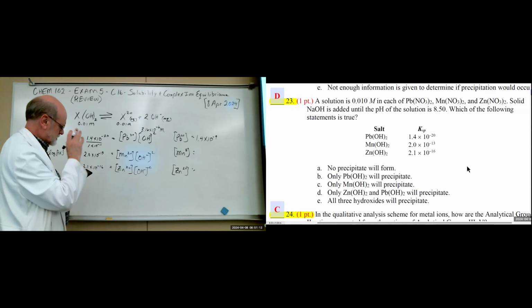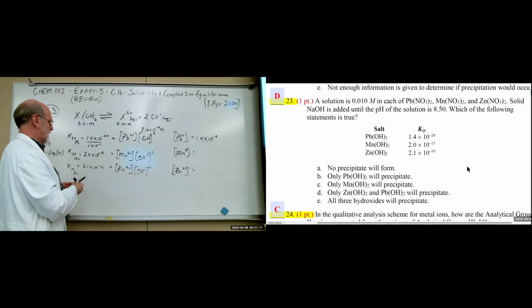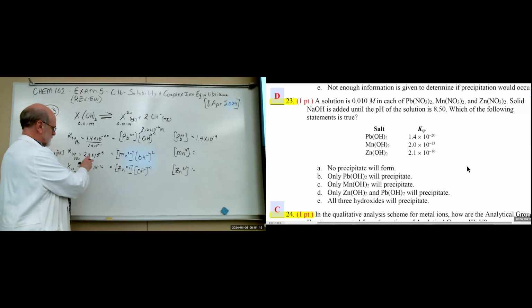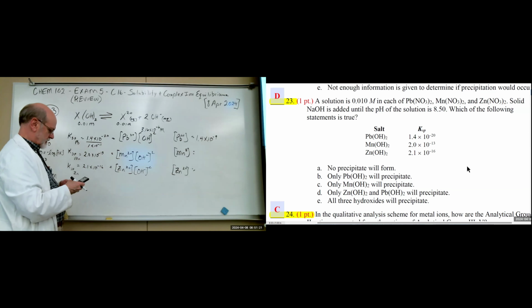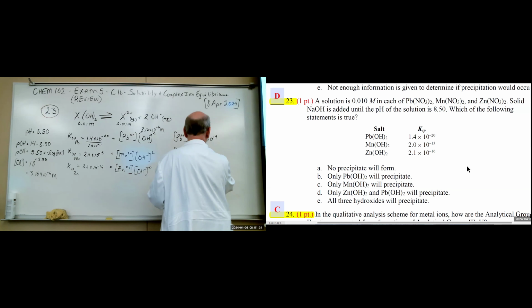Okay. I was just doing a mental check on my approach. So we divide this one by 1 times 10 to the minus 11. 2 exponent 13. Okay, that's 2 times 10 to the minus 2. These are in molarity.